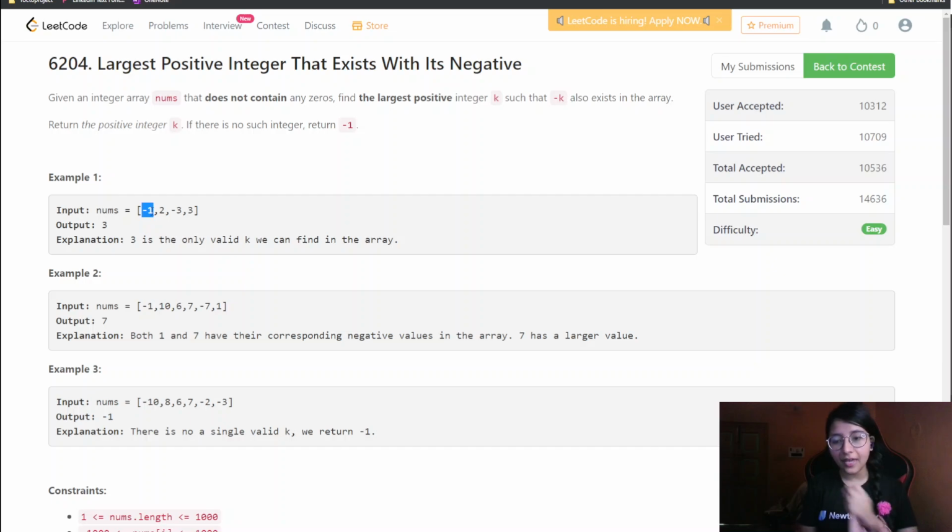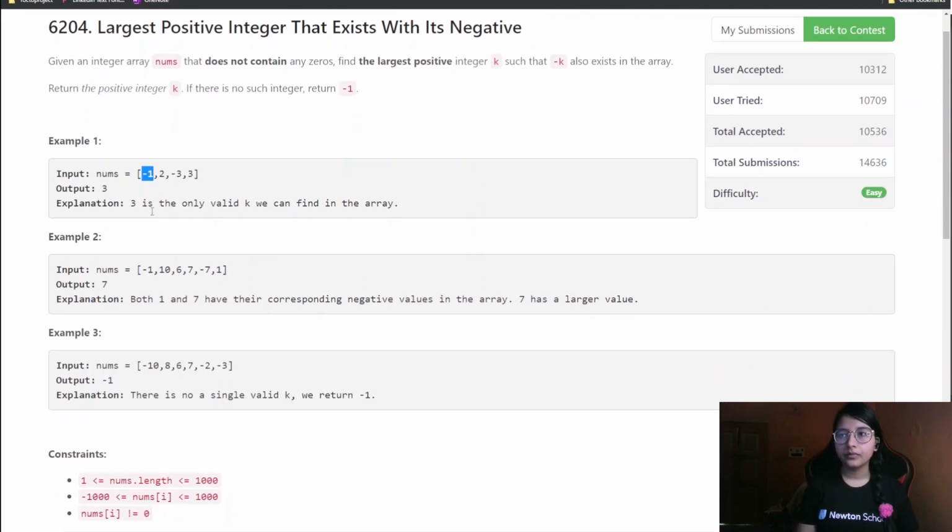But if it exists, then we need to check whether the previous number stored in our maximum variable is the maximum or the present number is the maximum. That's the thing we are required to do, and this is how we will be proceeding in this question.